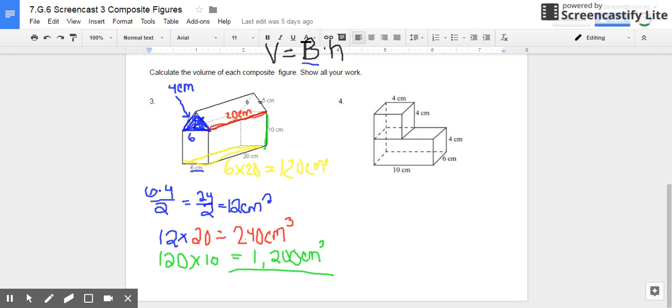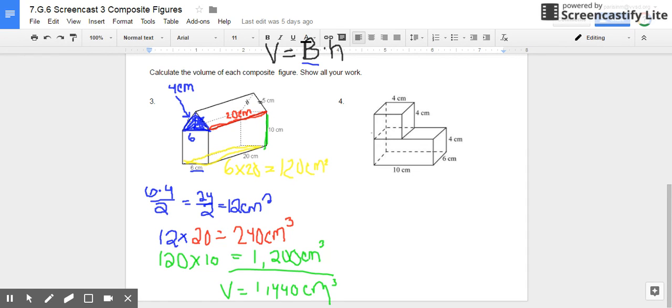So now I can add these two together to find my total volume. So my volume is going to equal, again, add those up, I get 1,440 centimeters cubed.